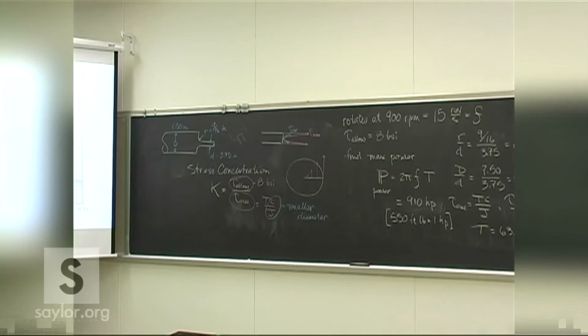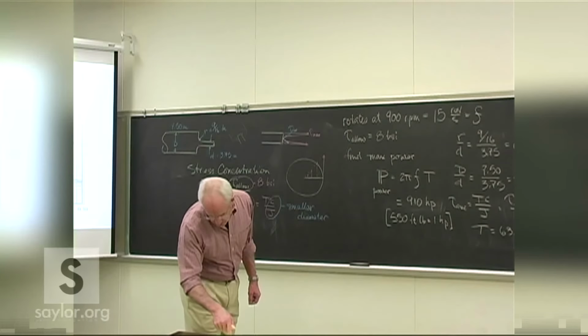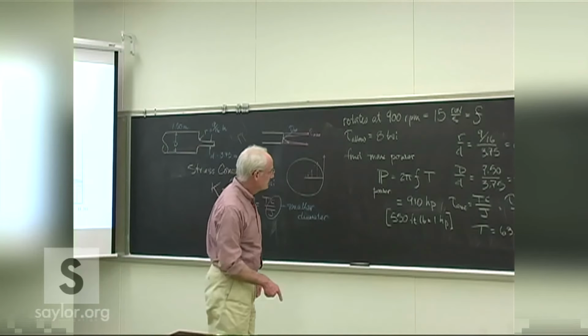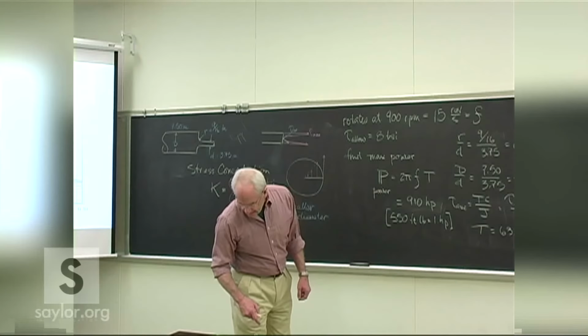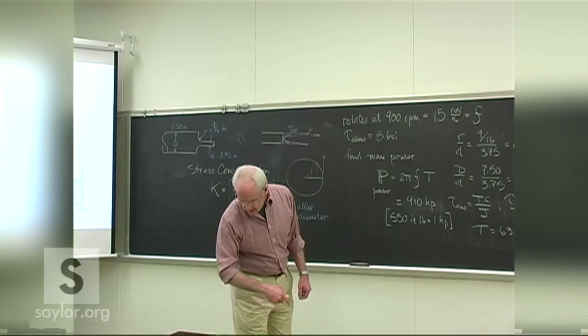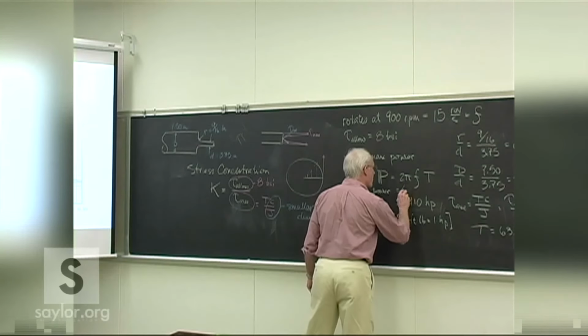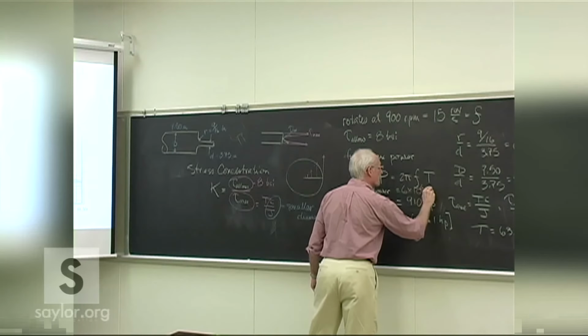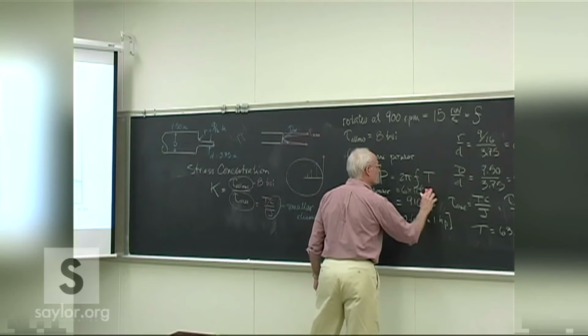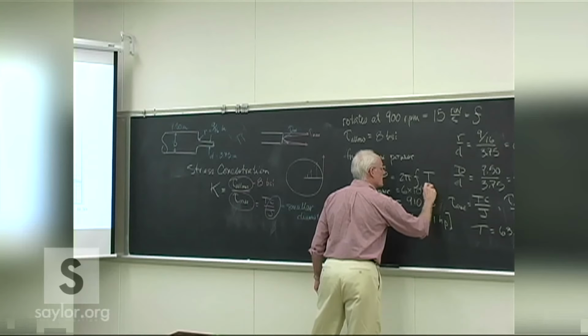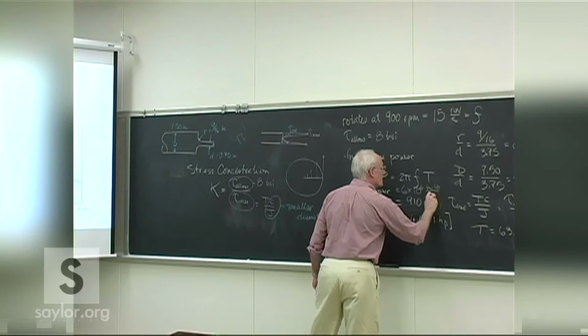John, you all right? Okay, just make sure you have the intermediate value. Six times 10 to the sixth inch pounds is what I have per second.